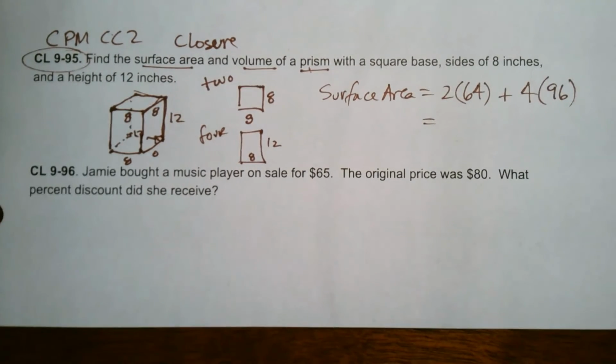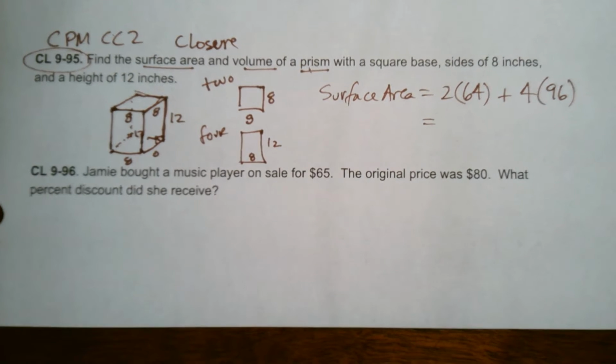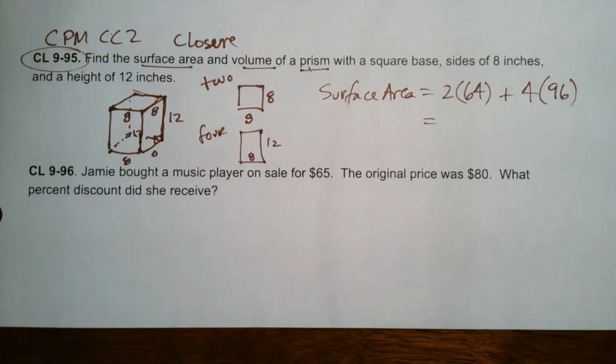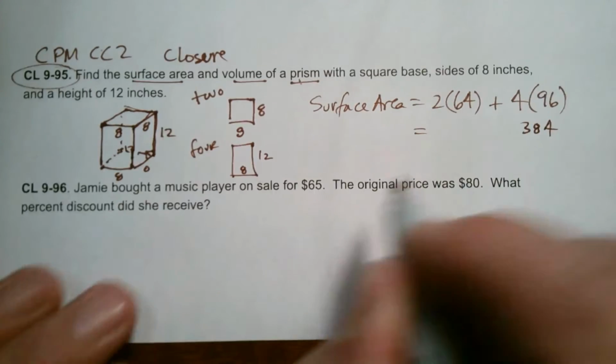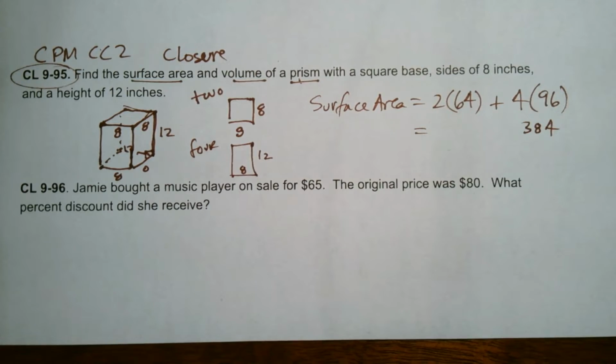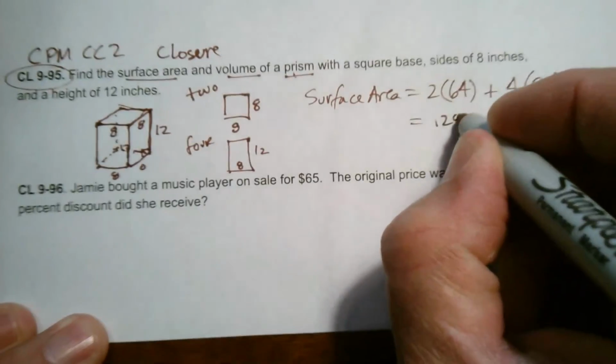If I do the math on that real quick, 2 times 64 plus 4 times 96. 4 times 96 is 384, and 2 times 64 is 128.